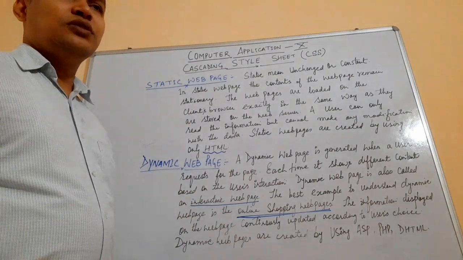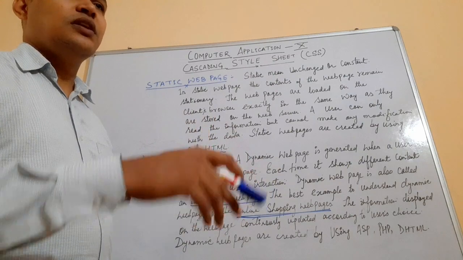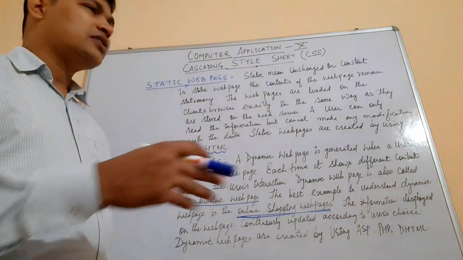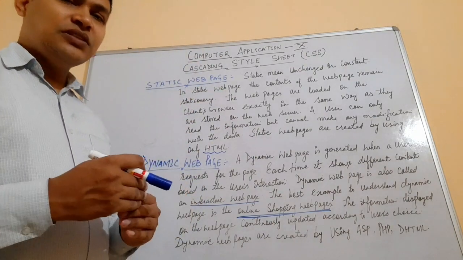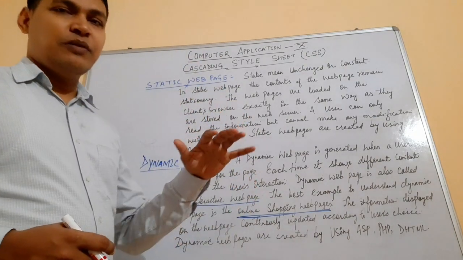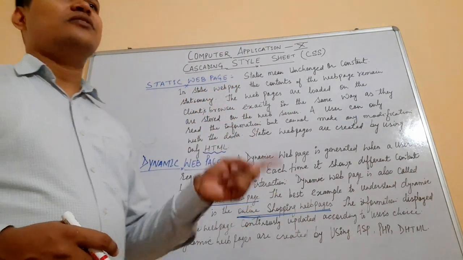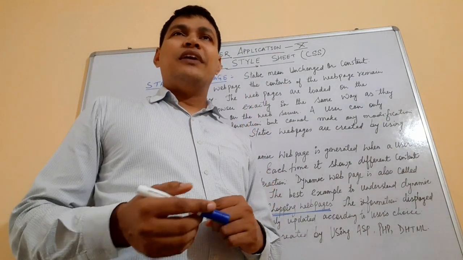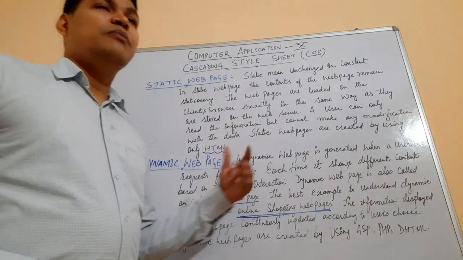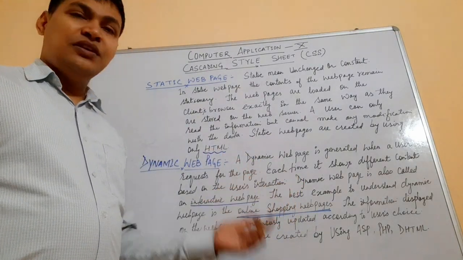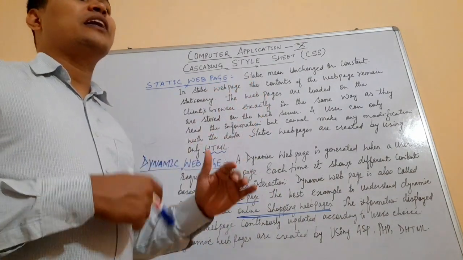Suppose you want to search for a computer mouse, and another user wants to search for a t-shirt, and another user wants to search for something else. The information displayed by the web server on the users' browsers is exactly what they want. That means it is interactive and can be changed by the user's request. It does not appear in a static page. It cannot be modified by the user.